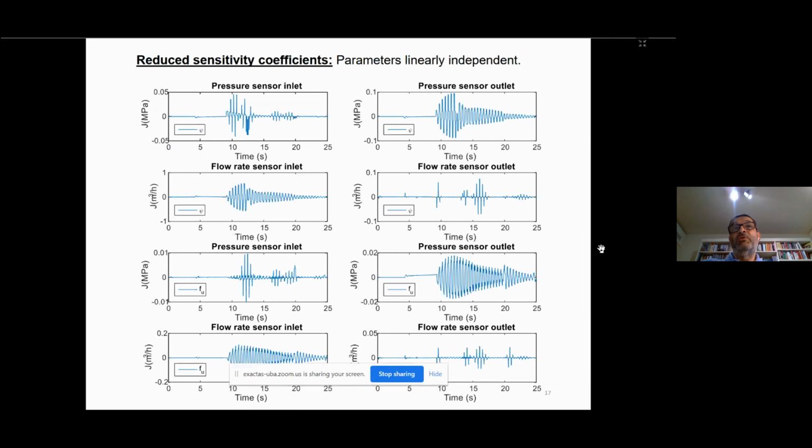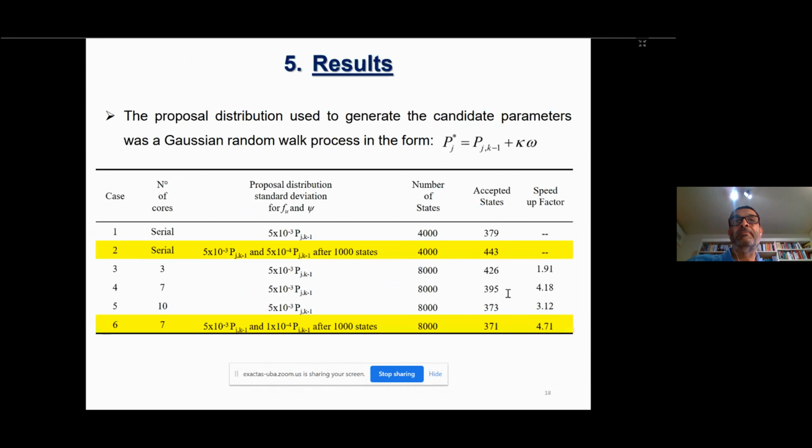We examined the reduced sensitivity coefficients of the measurements at the inlet and at the outlet, of pressure and flow rate, with respect to the parameter psi and with respect to the parameter FU. They have completely different behaviors, so the parameters are linearly independent, these two parameters.